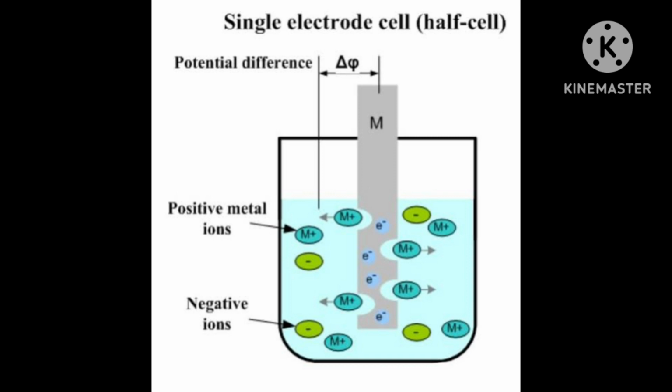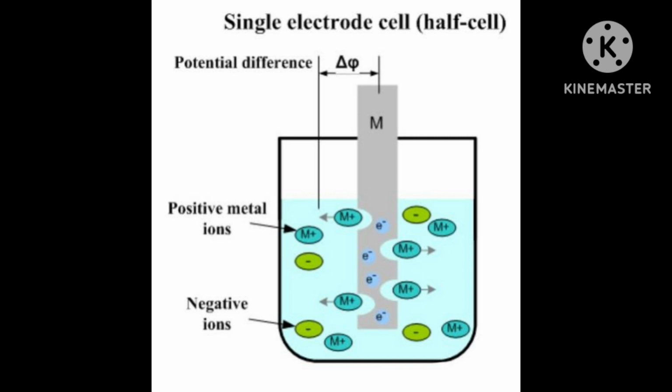Suppose the right hand side value is 0.34 volt, say copper. The copper electrode potential is the standard electrode potential, which is actually the reduction potential, and its value is 0.34 volt, minus the zinc electrode potential, whose value is minus 0.76 volt.